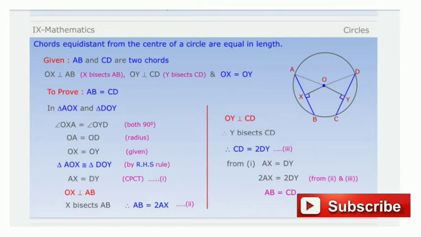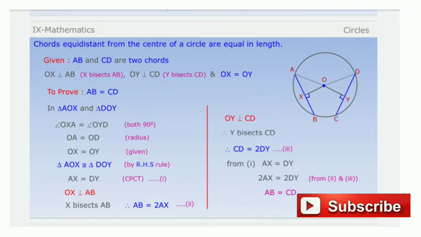Then OA equal to OD, they are radii, so they are equal. And also OX equal to OY, it is given. Therefore by the RHS rule triangle AOX is congruent to triangle DOY.